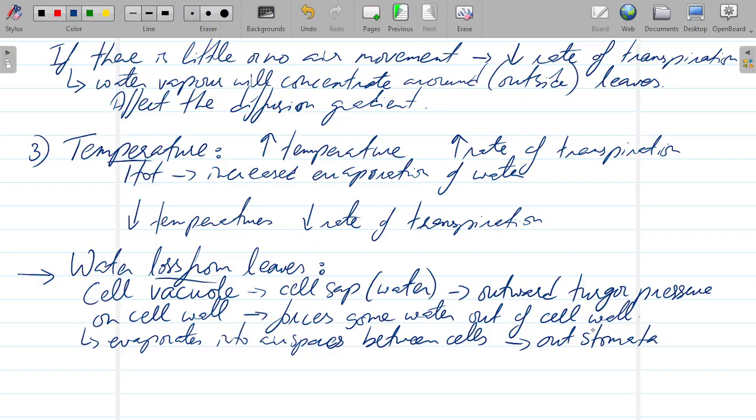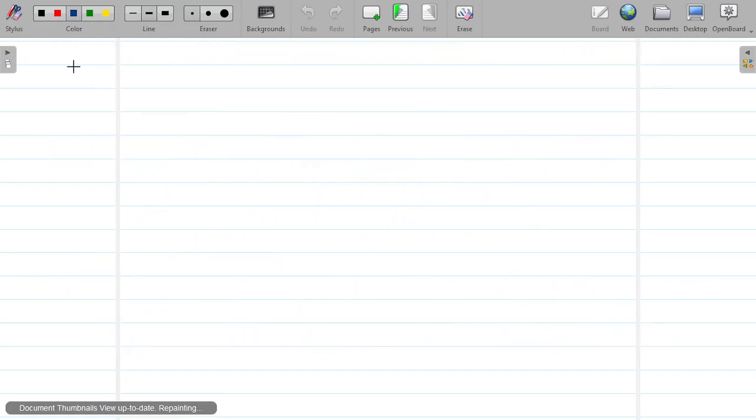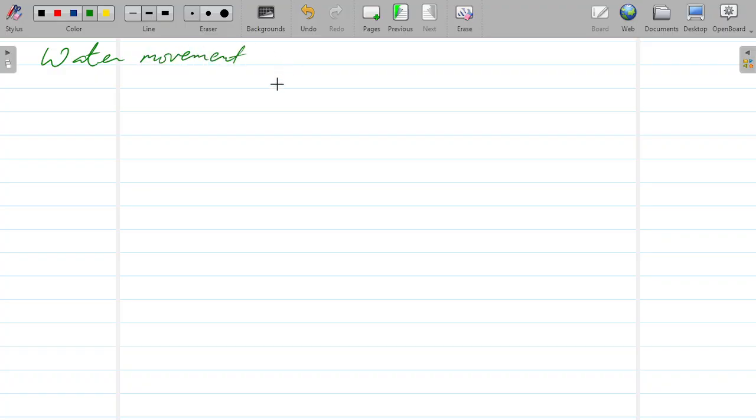Next, right? How does water move through the xylem? So the water movement in the xylem.